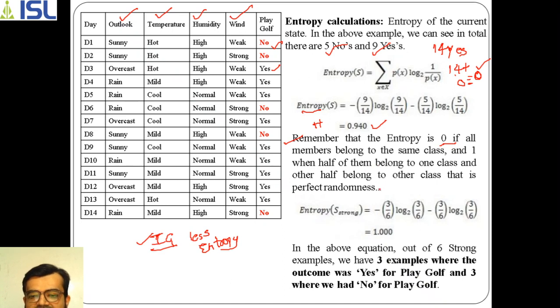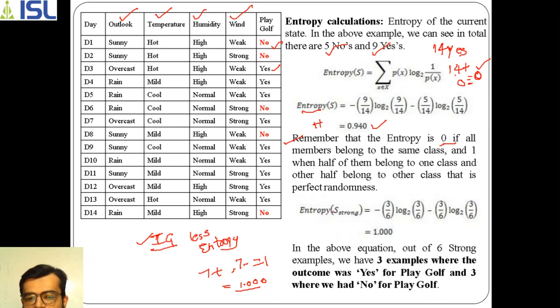Also, if there are 14 samples, D1 to D14, and among them we have 7 positives and 7 negatives, 7 yes and 7 no's, then the entropy value will be 1.000, or simply 1. If you have equal numbers of positives and negatives, the entropy will be 1. And if you have any one of them as 0, then overall it is 0.